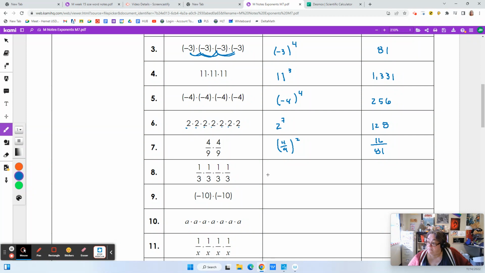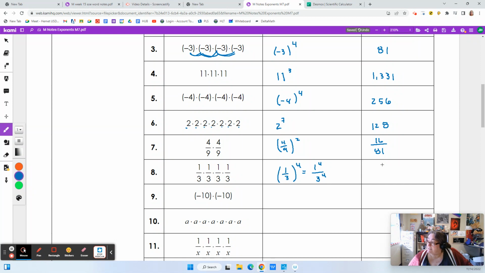So here where I have 1/3 to the 4th, right? That's like saying 1 to the 4th over 3 to the 4th. And why is that important?